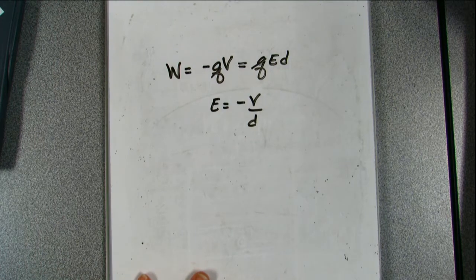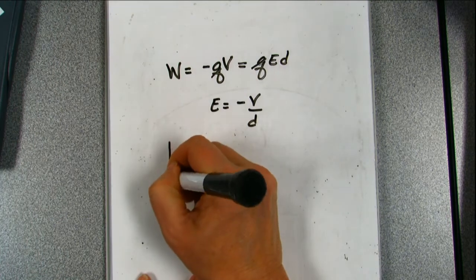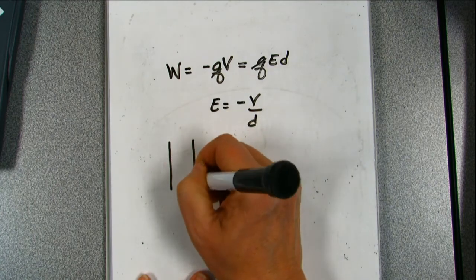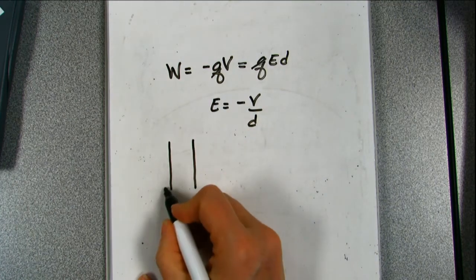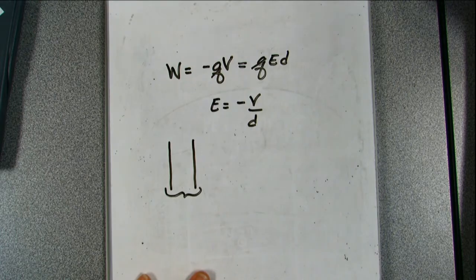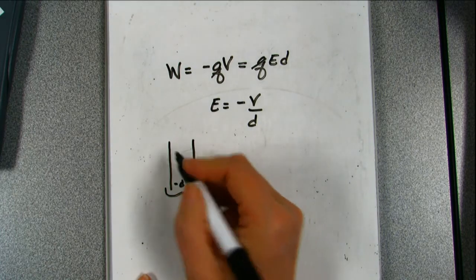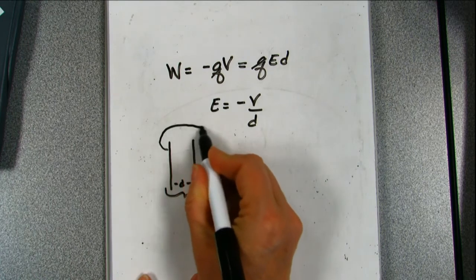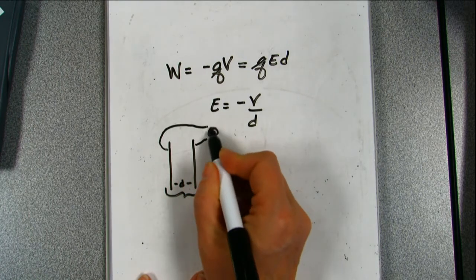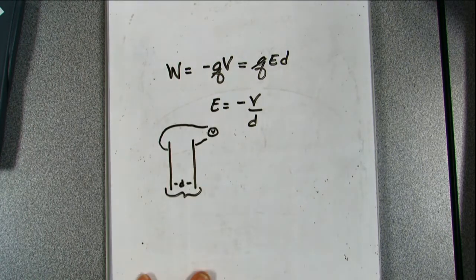Now this is one of those cases where life becomes really cool, because if I've got two plates, I know the distance between these two plates, and as we said, we can measure the potential across these two plates.